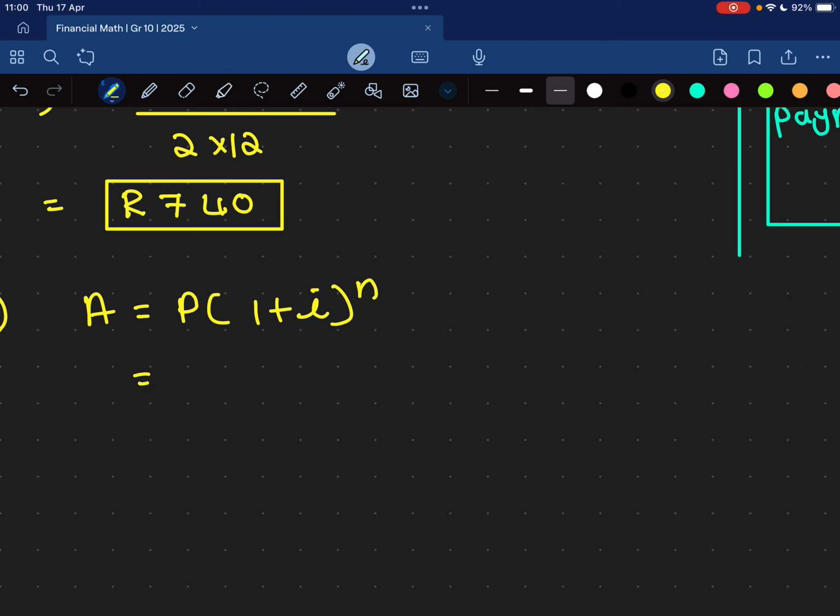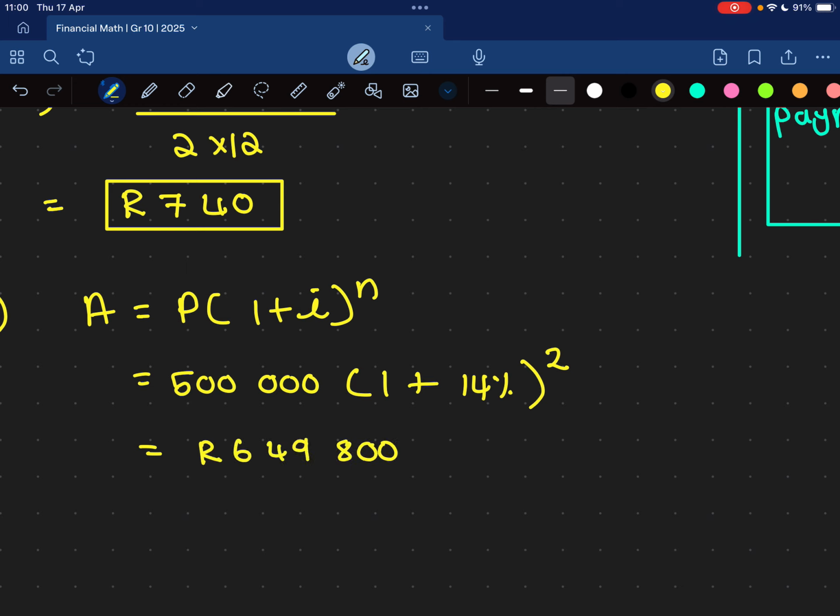The P value was given as 500,000. 1 plus the interest rate of 14%, to the power of 2 for 2 years. Then you put that in your calculator and you'll get 649,800 Rand.